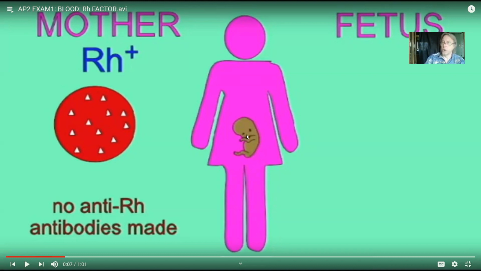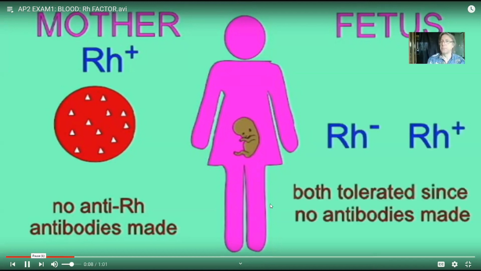If this fetus is Rh positive, she won't attack it. If it's Rh negative, she won't attack it. So she doesn't make anti-Rh antibodies. She doesn't care. So everything that I'm about to say does not apply to mothers who are Rh positive. She will tolerate both Rh negative and Rh positive fetuses.